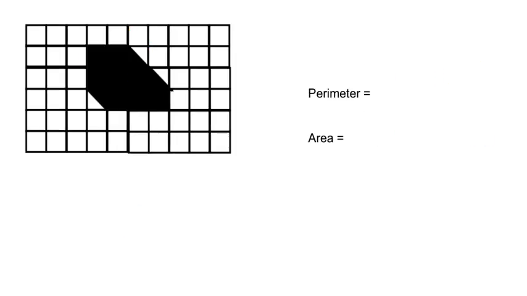Alrighty, one more together. Again, the perimeter is the edge of a shape. So 1, 2, 3, 4, 5, 6, 7, 8, 9, 10, 11. So our perimeter is 11. And area, think in your head again, how do we find the area? I see that this shape has some squares cut in half.